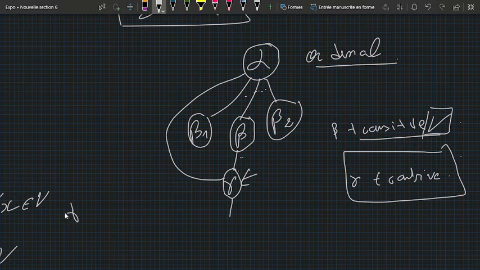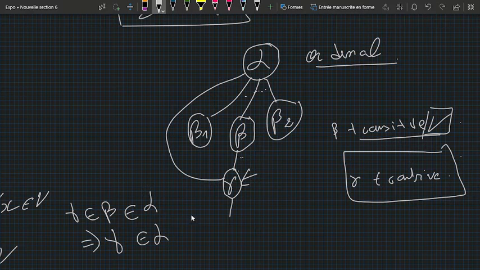We have gamma belongs to beta, and beta belongs to alpha. And by transitivity of alpha, we have gamma belongs to alpha. So gamma is an element of, or belongs to, alpha.